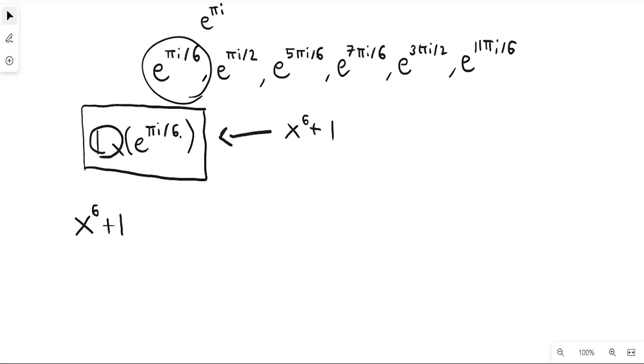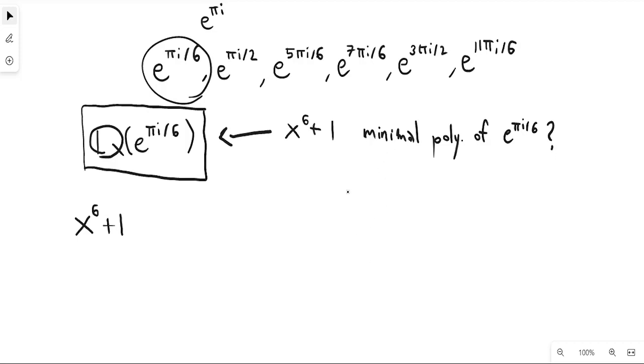Right, so if I want the degree of the splitting field, I basically already found it, right? It should just be equal to 6, right? Because it's a root of x to the 6 plus 1. And that works if x to the 6 plus 1 is the minimal polynomial, right? So is this the minimal polynomial of e to the pi i over 6?